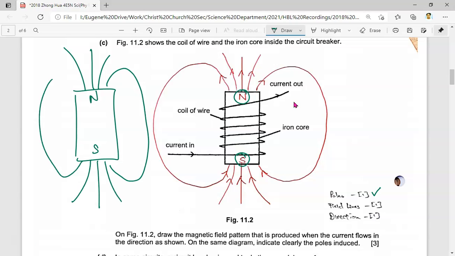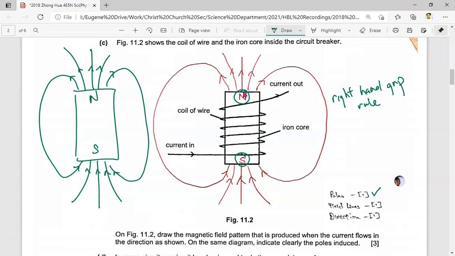Okay, now lastly, take note, north, okay, the magnetic field lines are pointing away or out of it. South, the magnetic field lines are pointing in. Now, some of you might be having this question, how do I know that this is north, this is south? Actually, what you need to do is use the right hand grip rule.